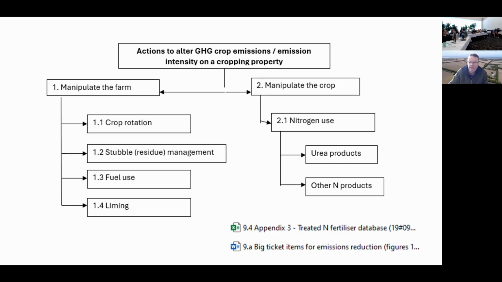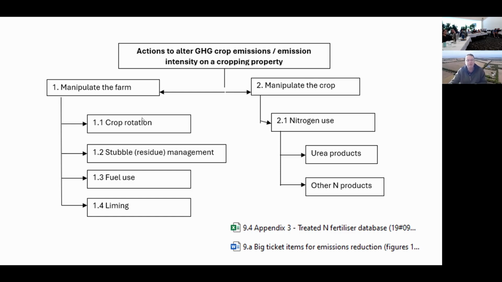Okay. Now there's a lot of assumptions in that about assumed yields and all that sort of stuff. But I think once you get that baseline, as I keep banging on about, you can start playing around with some of these things and you can start to see the impact of it.